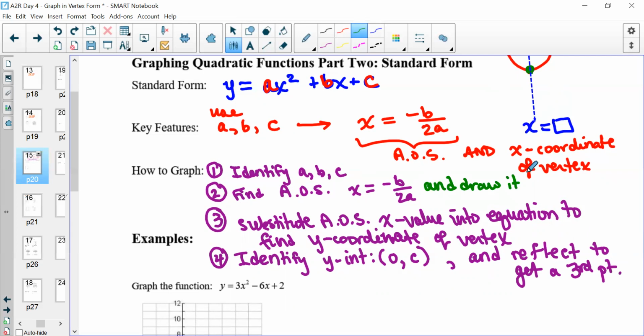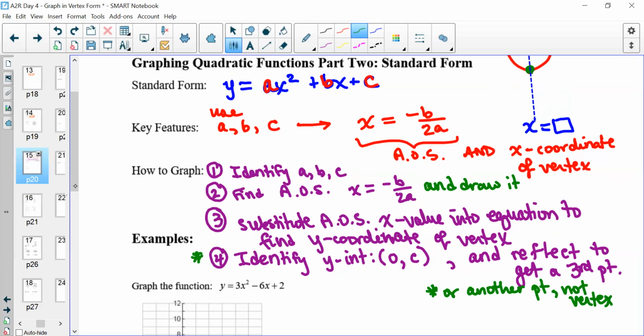And then this one, you could find another point that's not the vertex, because sometimes the vertex will be the y-intercept. So those are the kind of caveats there.